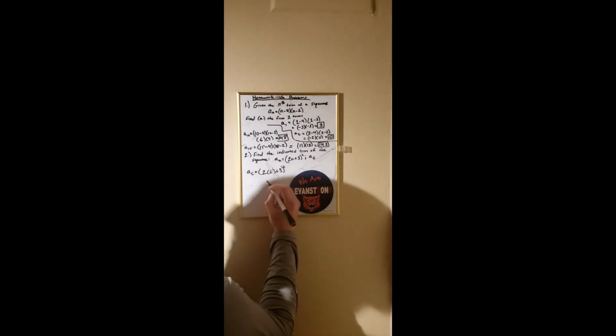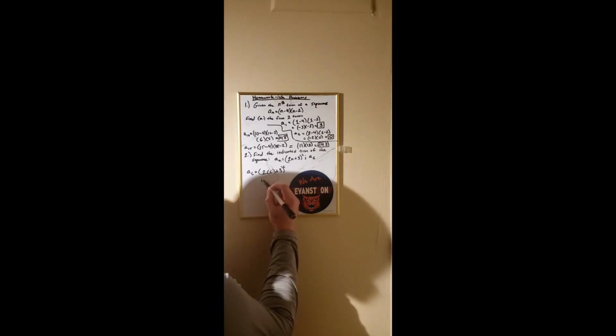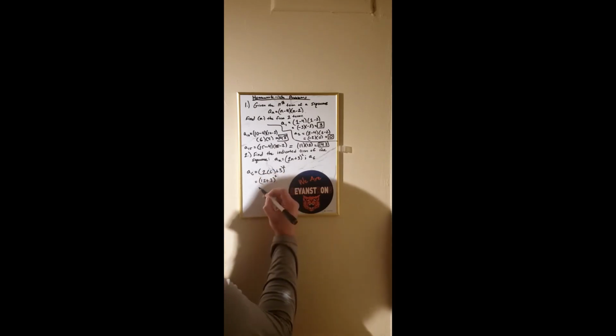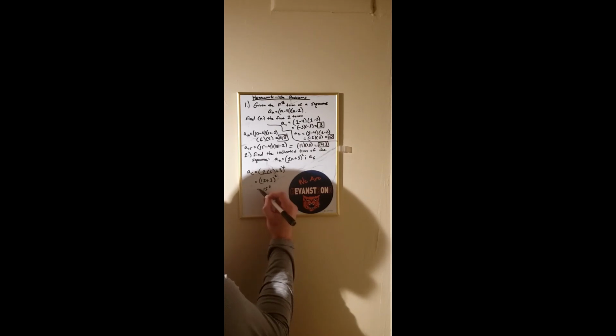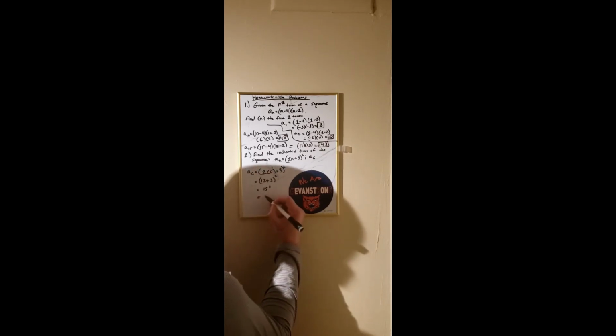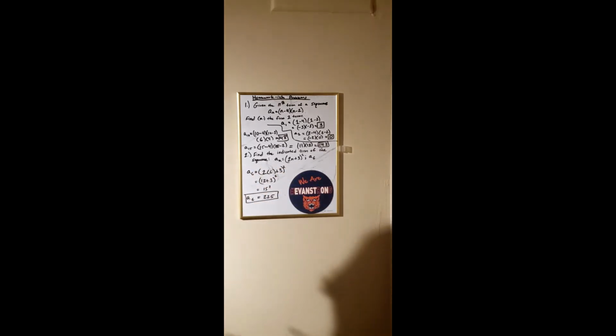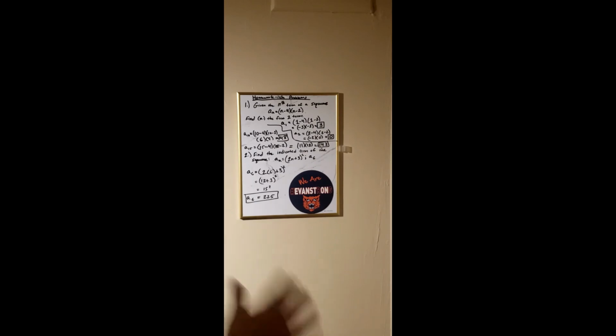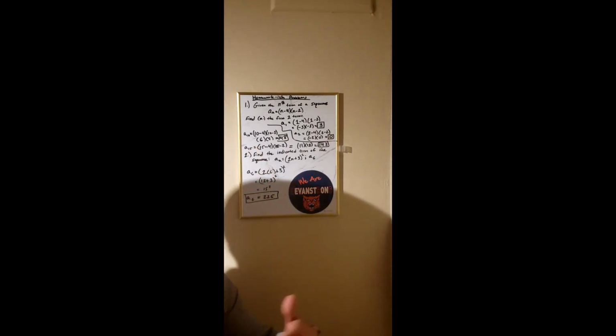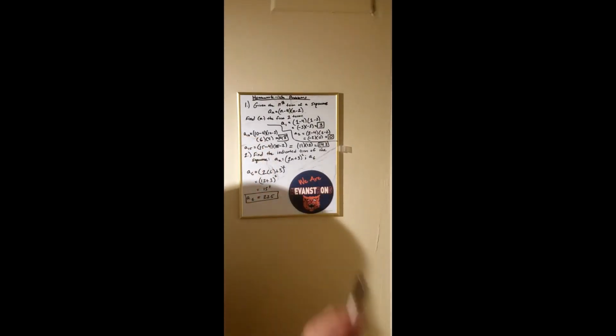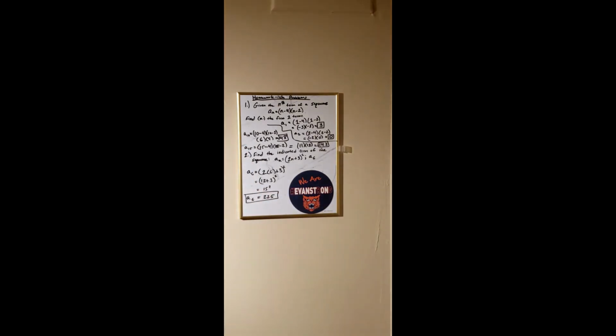This would be 12 plus 3, giving us 15 squared. 15 squared is going to be 225. So a sub 6 is 225. So the sixth number of this pattern, if we were to list out all the numbers one by one, we would get 225 as the sixth number of that pattern.